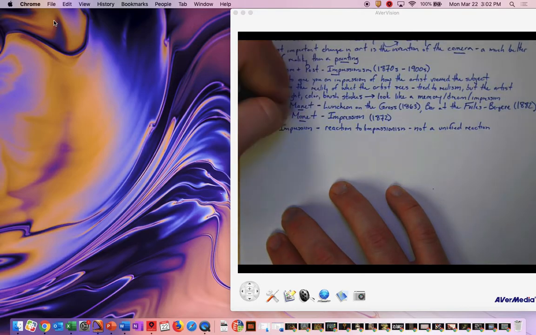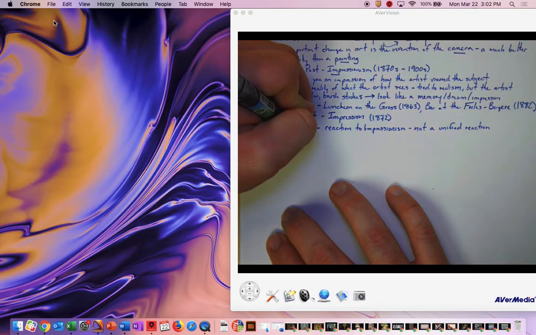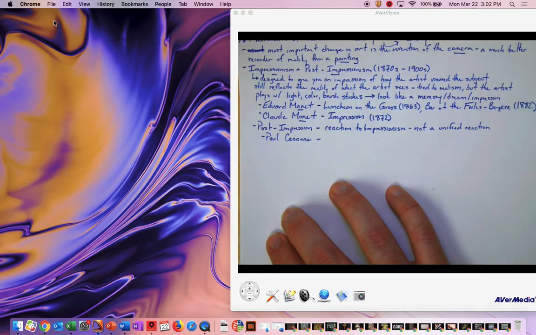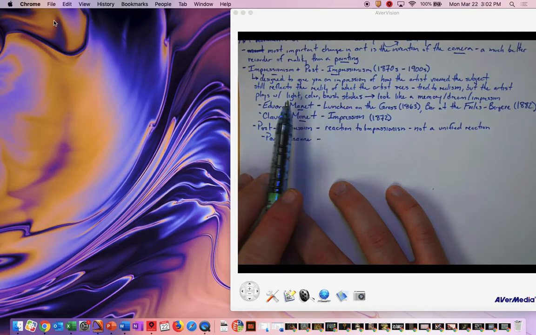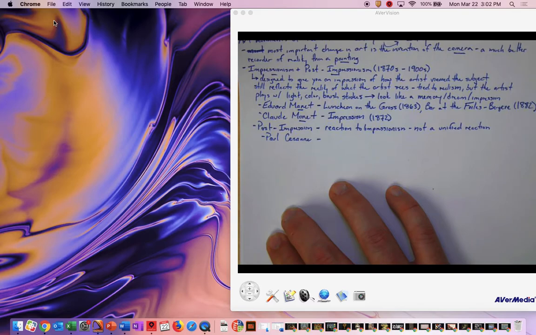So, for example, this guy, Paul Cézanne, liked what the artists were doing in terms of light and color, but he wanted to go back to the dark, distinguished lines of neoclassical art.